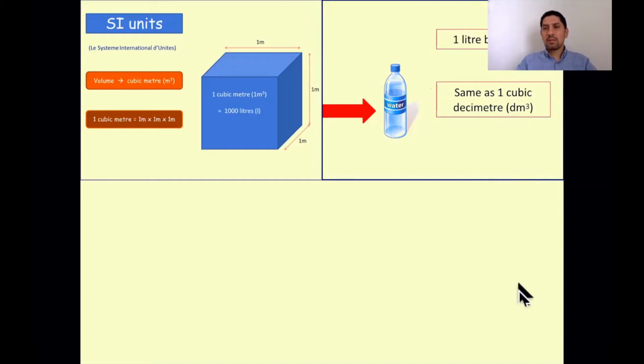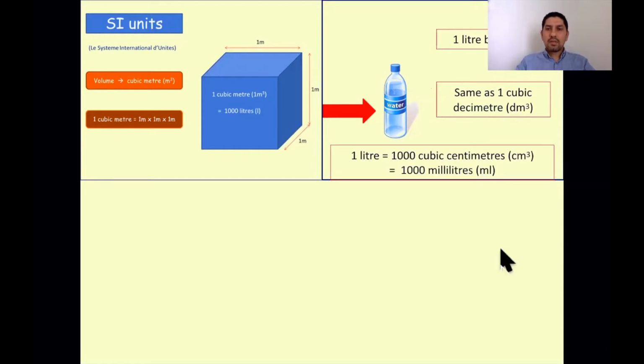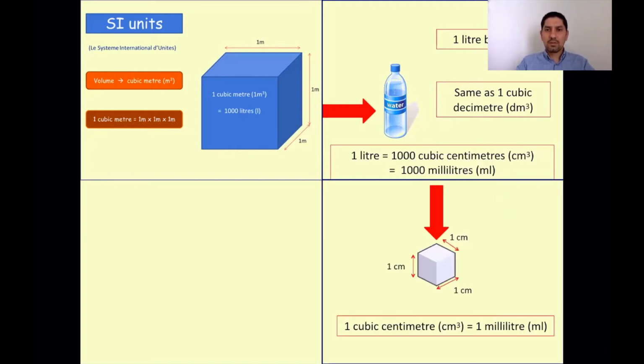So 1 liter is equal to 1 cubic decimeter, where 1 liter is equal to 1,000 cubic centimeter and 1,000 cubic centimeter is equal to 1,000 milliliters. So 1 milliliter is equal to 1 centimeter cube.